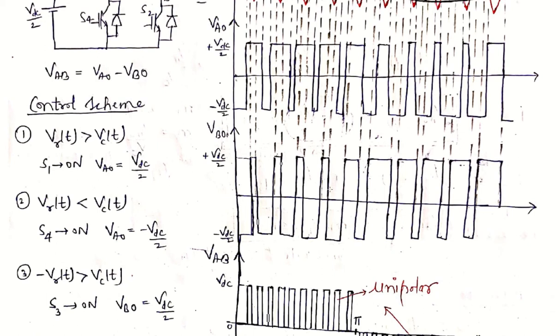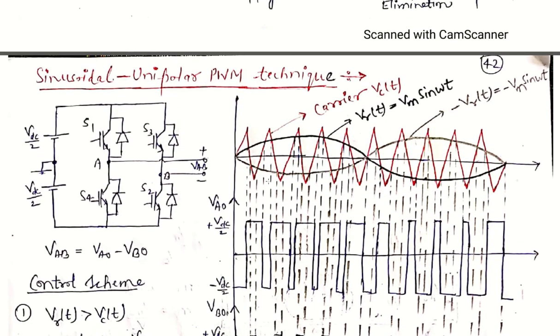See in the waveform, Vr(t) greater than Vc(t). Vr(t) is here in the positive half cycle. This is a sine wave, and this Vc(t) is triangular in fashion, the carrier signal. In this section, Vr(t) is greater than Vc(t), so switch S1 will be on, and when switch S1 is closed, we apply the pole voltage concept and the KVL.